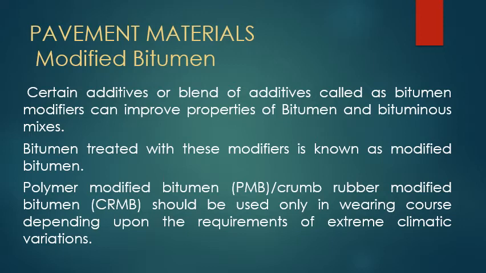Most commonly we have heard of polymer modified bitumen, or CRMB, that is crumb rubber modified bitumen. In IS codes, the use of CRMB and polymer modified bitumens is mentioned, used depending on the wearing course and on the requirements of extreme climatic conditions. We prefer these different types of modifiers.